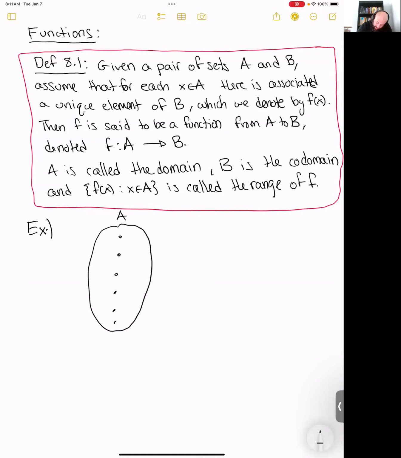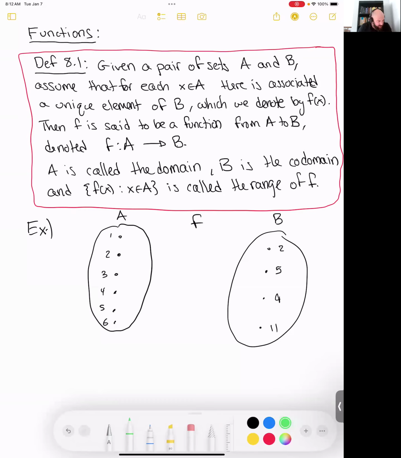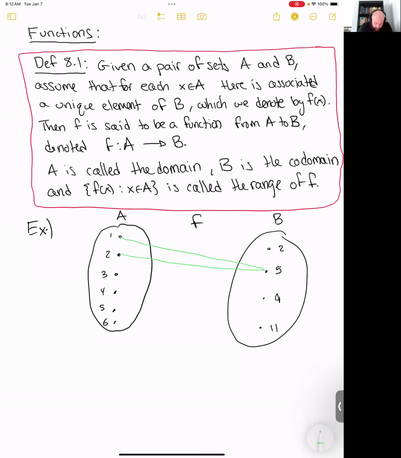So here's A, and then the codomain will also be a set B. And I could label these things. And then f is an assignment for everything in the domain to something in the codomain. So maybe something like this.